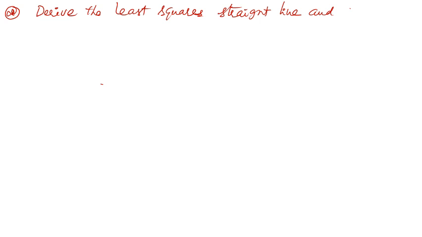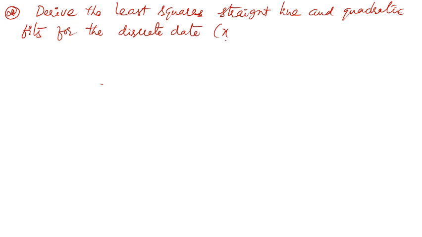Okay, now next question: derive the least squares straight line and quadratic fits for the discrete data. Now what does discrete data mean? A table is given, x values versus function values, 0 to n, 0 to capital N, one can say.